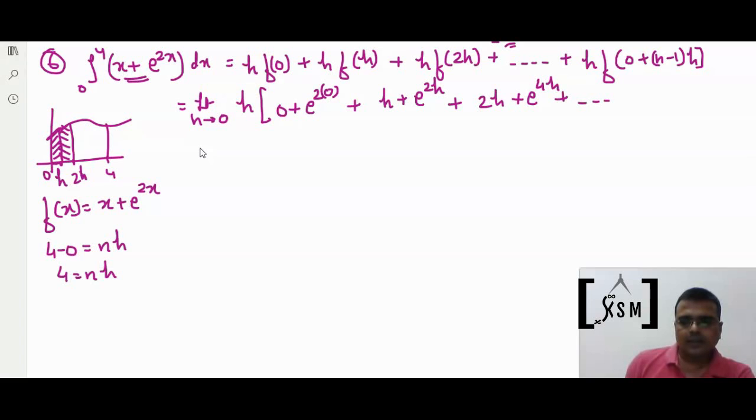And like that, the last rectangle would be n minus 1 times h, plus e to the power twice of n minus 1 times h.